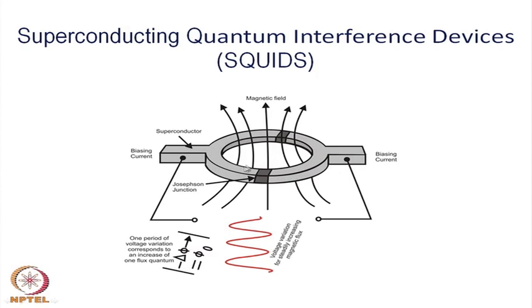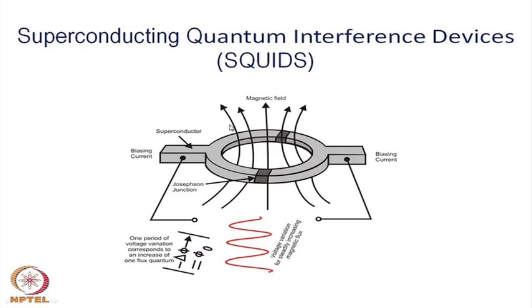So, there is a pair of Josephson junctions, and one can give some bias here, and one can find out what the flux density is. One period of voltage variation corresponds to an increase of one flux quantum. So, you can control the flux quantum very precisely, and by that process the magnetic field, that means the number of flux lines, can be found out.